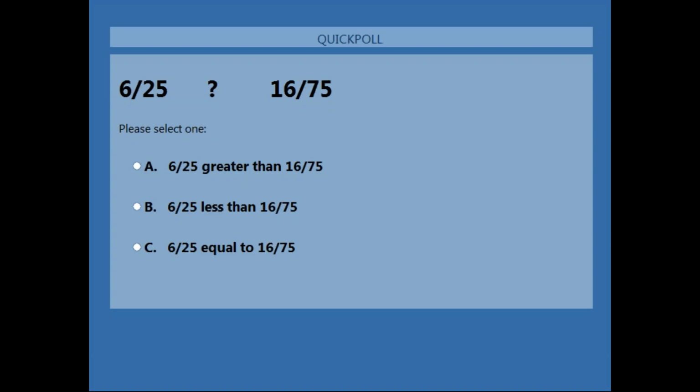Again, which factor you're able to use to change the 25 to 75.